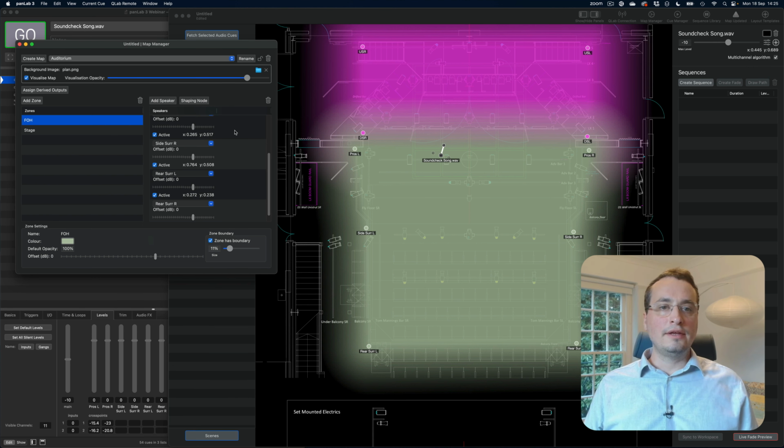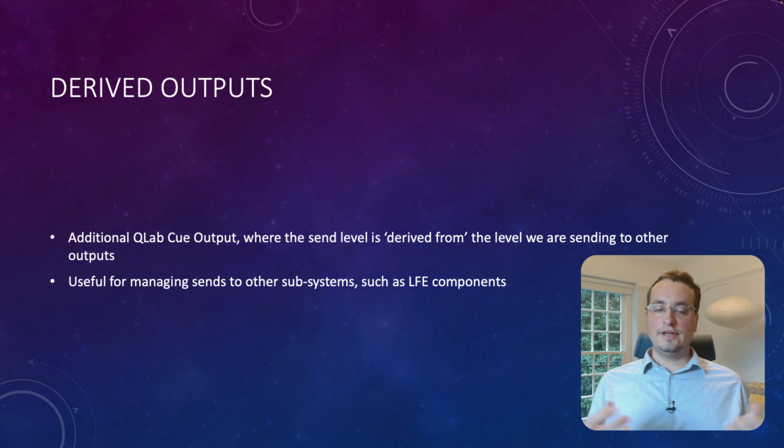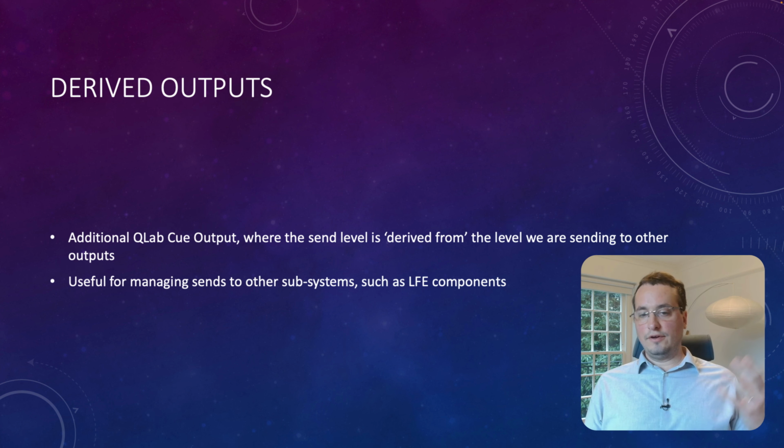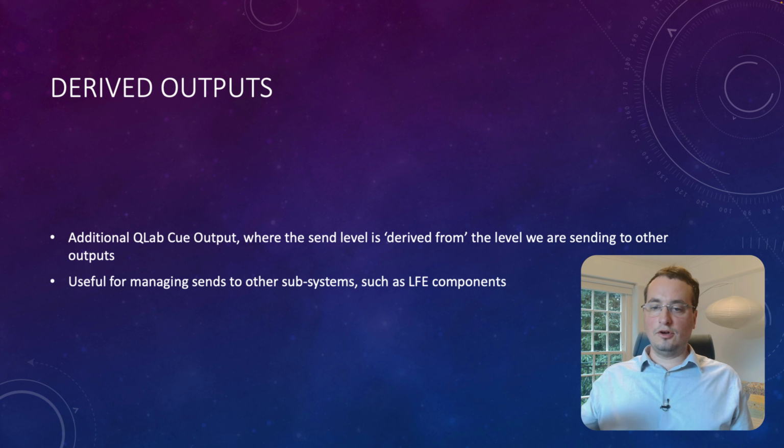A derived output is essentially an additional QLab Cue output where the level we're sending is derived from the level we're sending to other outputs. So it's essentially a kind of spatialized output. If our algorithm is calculating that we need to send this much level to this set of outputs, then we'll copy that level over to a derived output.